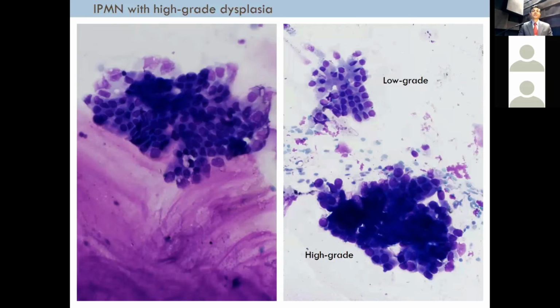When evaluating mucinous neoplasm, one of the essential tasks for the pathologist is to recognize, identify and report high-grade dysplasia as seen over here, which is characterized by significantly marked atypia as compared to low-grade dysplasia, which is seen over here.